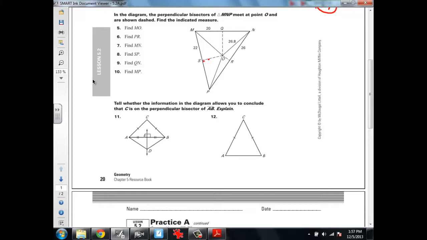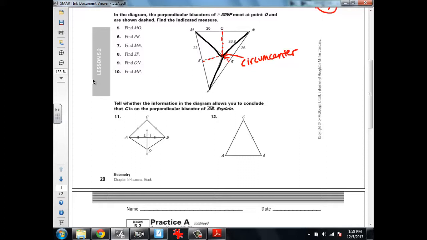If this is my perpendicular bisector and this is my perpendicular bisector and that is, what do we know about this point O? That's called the circumcenter. And what's special about the circumcenter is this distance to each of the vertices is exactly the same length.